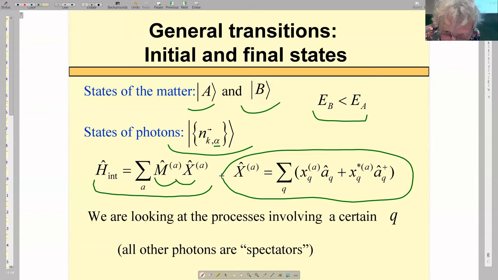So here we encounter the creation and annihilation operators of photons, and they come only once. So again, we need to create or annihilate only one photon at once. That's fine. So let me use this Hamiltonian. Let me plug it into the Fermi golden rule formula.